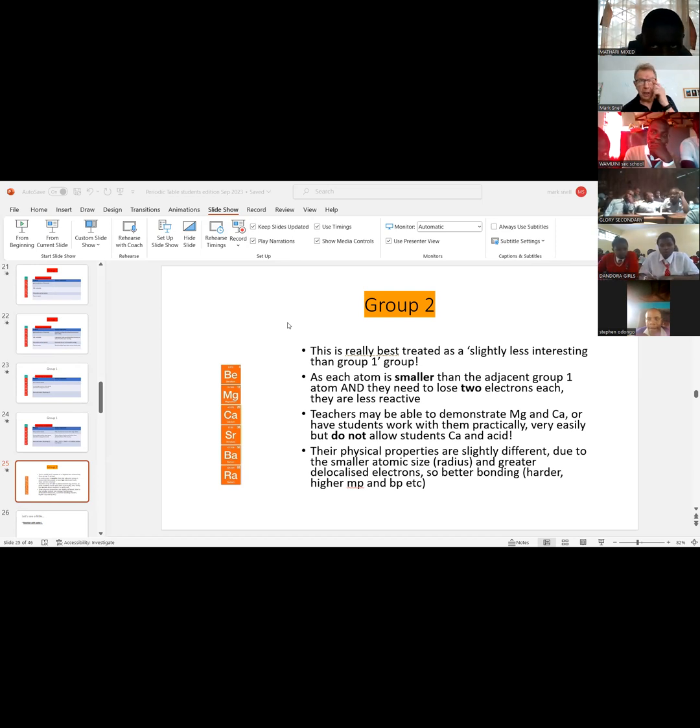So Na then Mg: Na too soft to make anything, magnesium stronger, group 2 stronger. And if we put them into water, sodium fizzes, reacts quite quickly. Magnesium does nothing. If we powder it, it goes very slowly, but most of the time, really nothing.